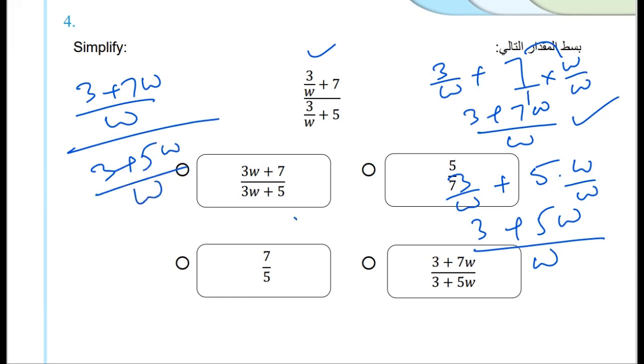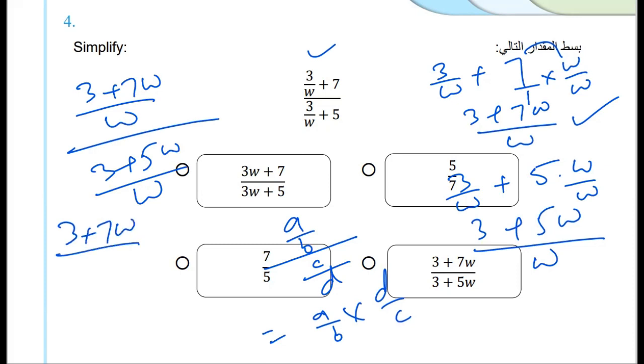And we have learned the rule that if we have a over b divided by c over d like that, you can write a over b times d over c. You can flip the fraction when you convert division into multiplication. So in the same way, we can write 3 plus 7w over w times w over 3 plus 5w.